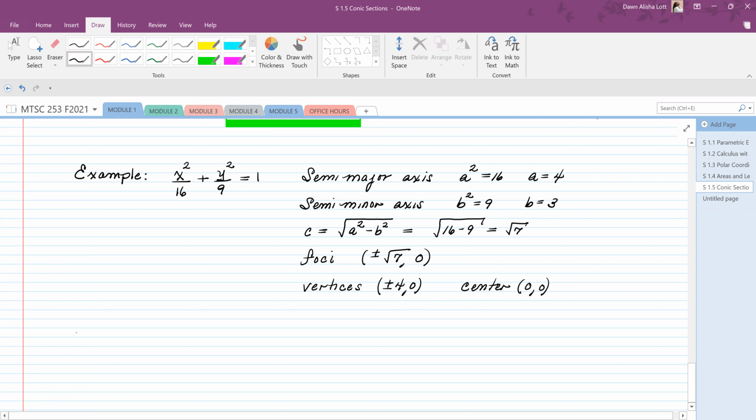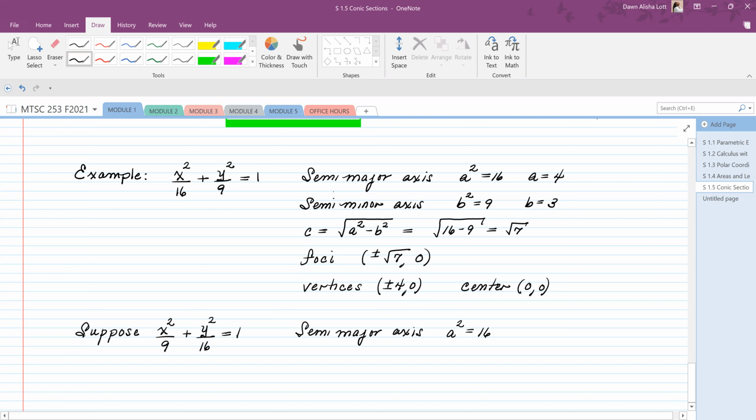But suppose I gave you this. X squared over 9 plus y squared over 16 is equal to 1. So now we see our semi-major axis. Our A squared, again, is still 16.